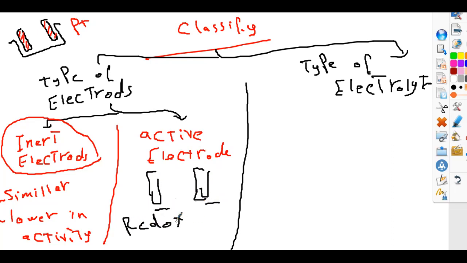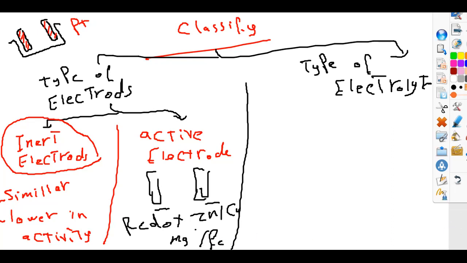So the action of the electrolytic cell happens at its electrodes, because zinc and copper, or for example magnesium and iron, have different electrochemical activity, so they undergo reduction and oxidation. So they are called active electrodes. When we have similar electrodes with low activity, like graphite or platinum, we have inert electrodes. And when we have two different electrodes in their reactivity, we have active electrodes, and the redox reaction happens at the two electrodes.